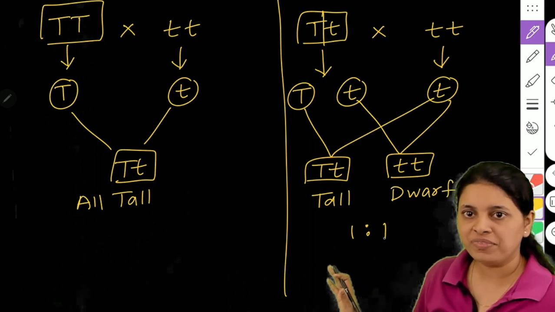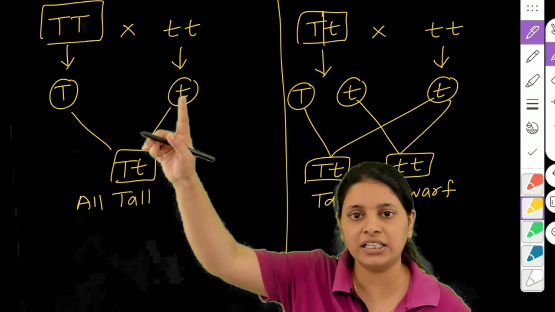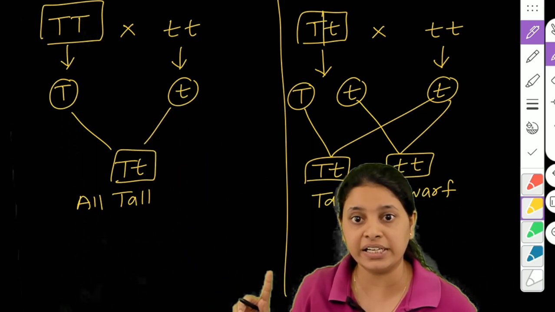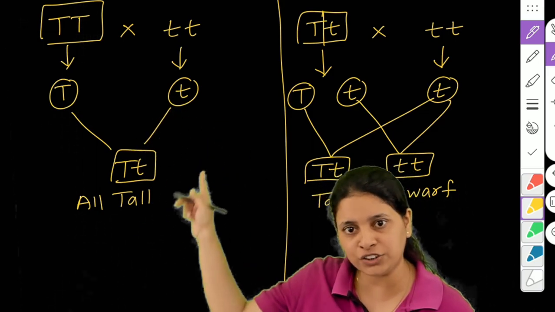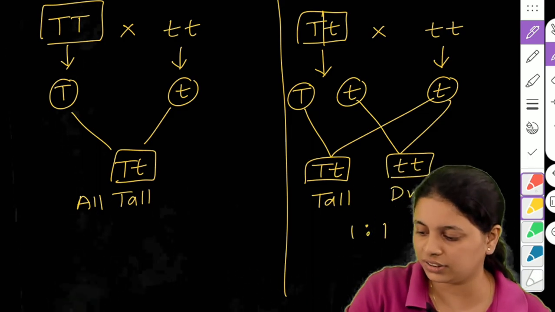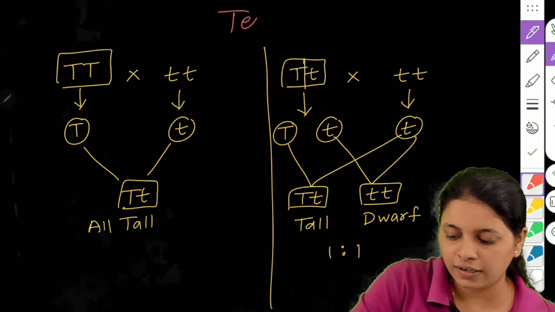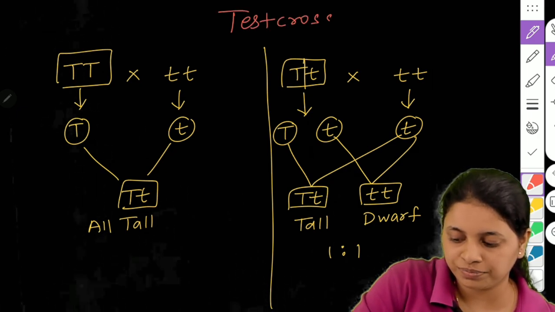So simple. If the unknown genotype was homozygous, like in the first case, capital T capital T, then by doing this cross with the recessive parent, this is called a test cross. What is this called? Test cross. Very important, test cross.